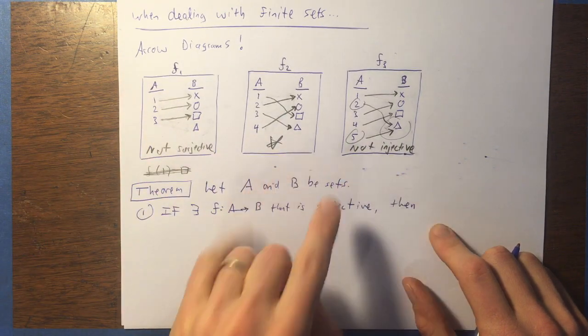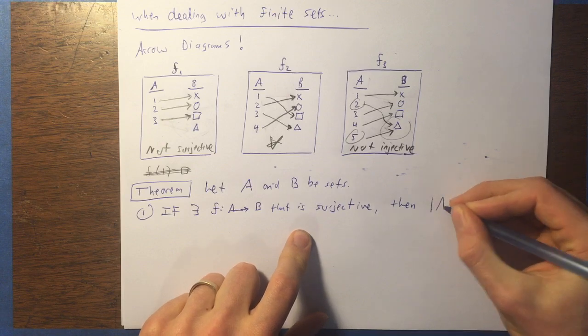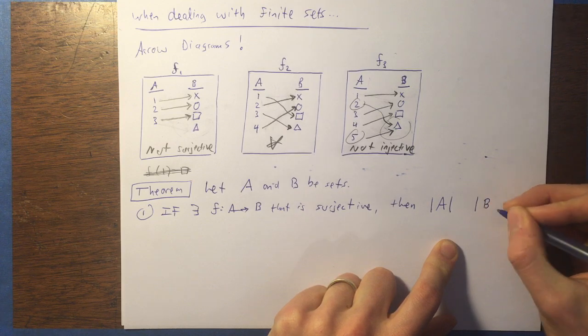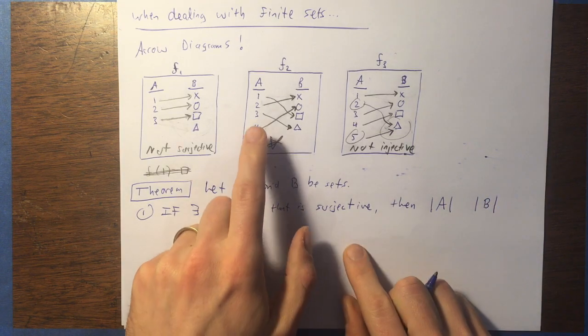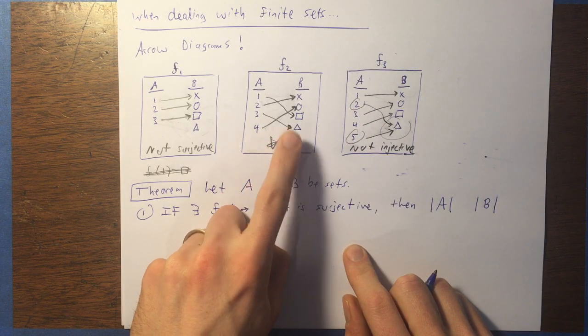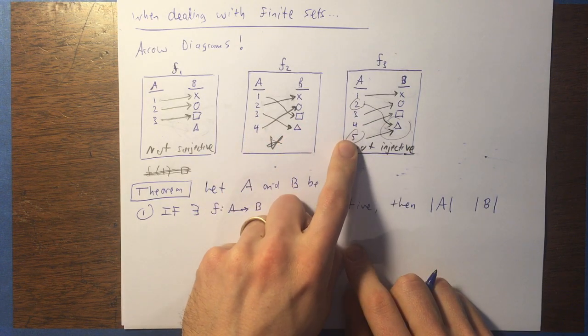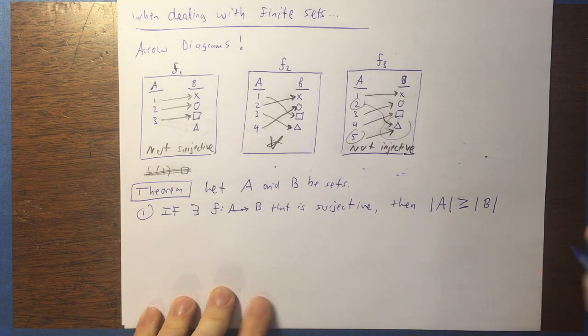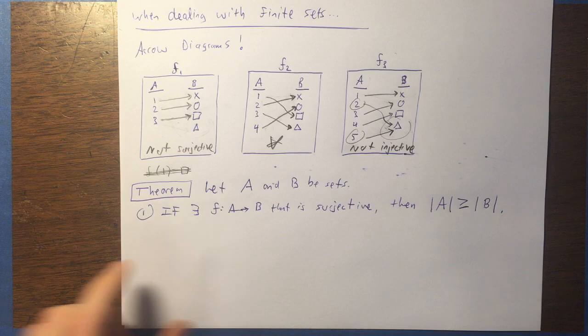So what I can say for sure is that if you look at the cardinality of the domain and codomain, we're either in this case or this case. This is when the domain and the codomain are the same size. This was when the domain was bigger. So this should be greater than or equal. That's what you can conclude.